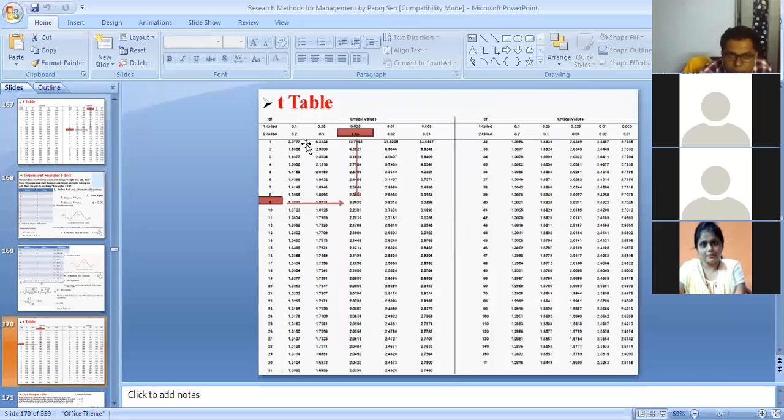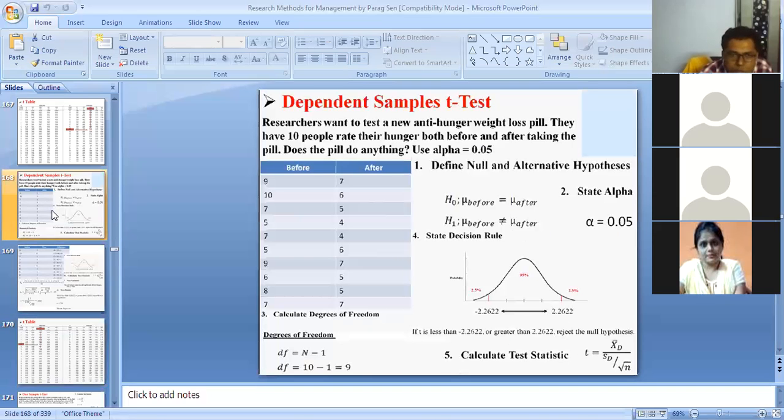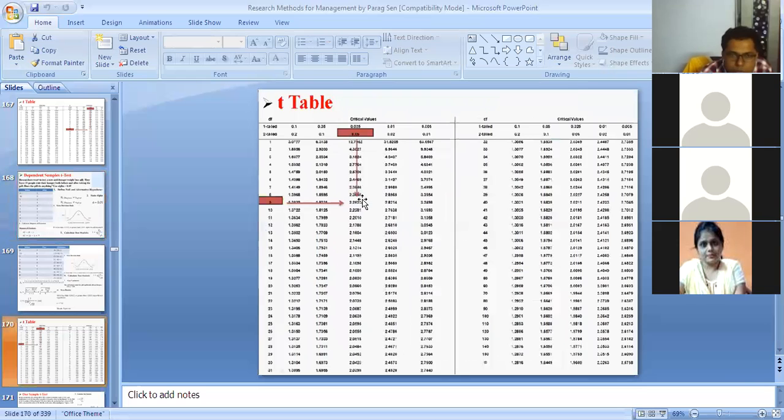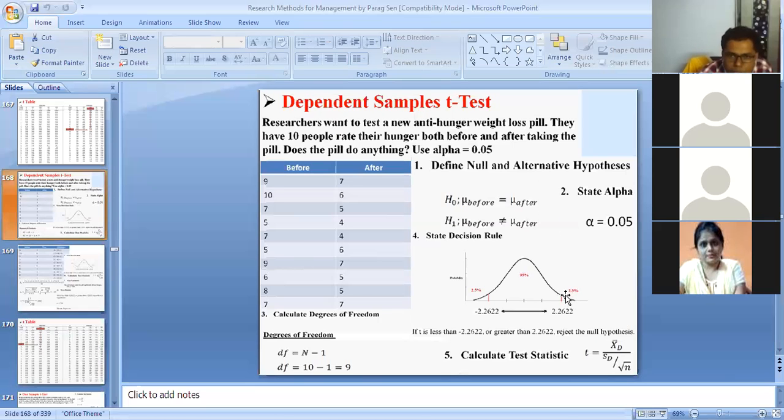In the t table, for the two-tailed test at 0.05 significance level, with 9 degrees of freedom, the intersection point is 2.2622. So this value, 2.2622, is your cutoff value.